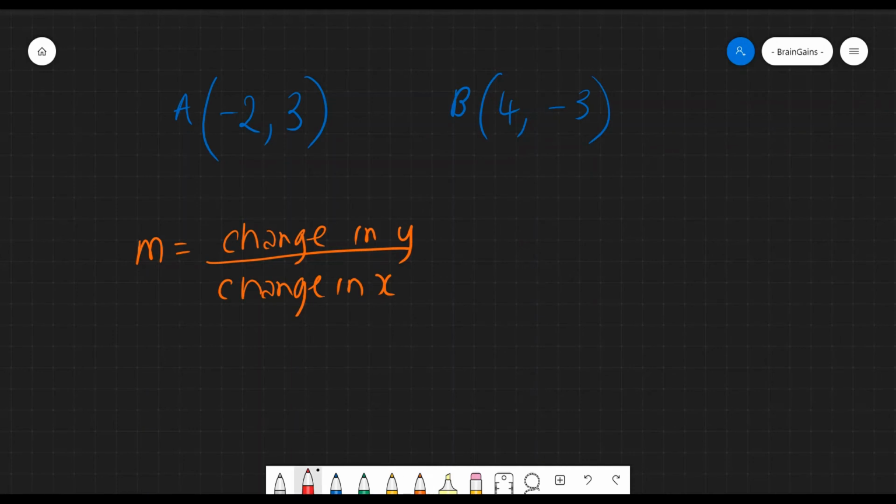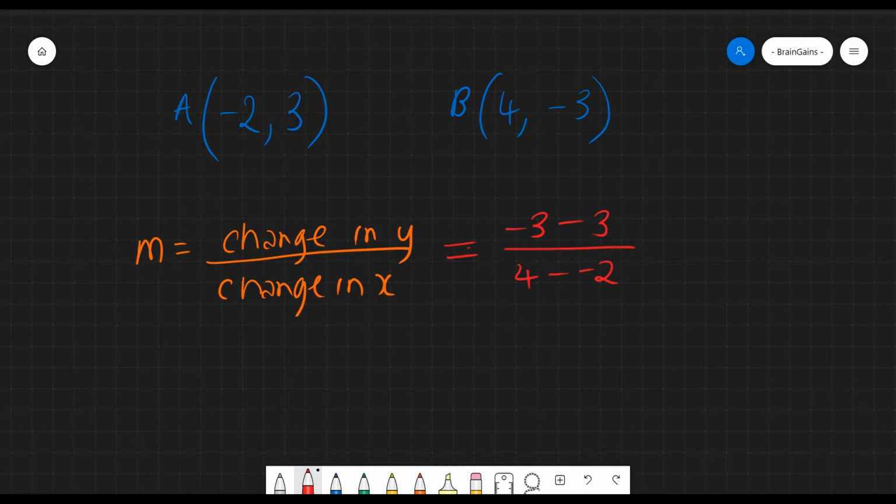If we're going to subtract coordinate a from coordinate b, we will have the y-coordinate of b, which is minus 3, minus the y-coordinate of a, which is 3, over the x-coordinate of b, which is 4, minus the x-coordinate of a, which is minus 2.